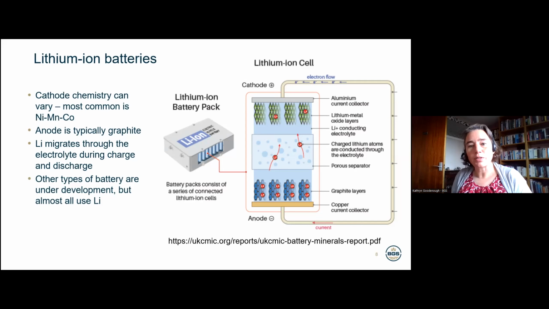And those cells have, of course, an anode and a cathode. The cathode, that chemistry can be really varied, but most commonly it includes nickel, manganese, and cobalt. The anode is typically made up of graphite, so a form of carbon. And then you have an electrolyte through which the lithium ions can migrate during charge and discharge. Lithium, of course, is one of the most conductive elements and therefore really important for batteries.